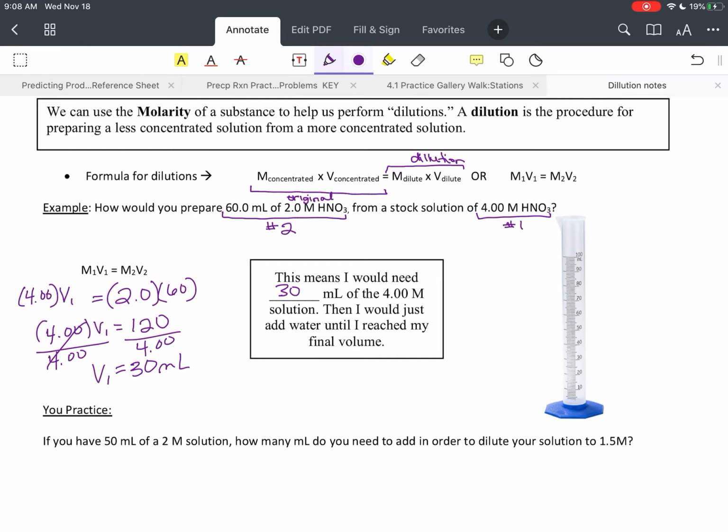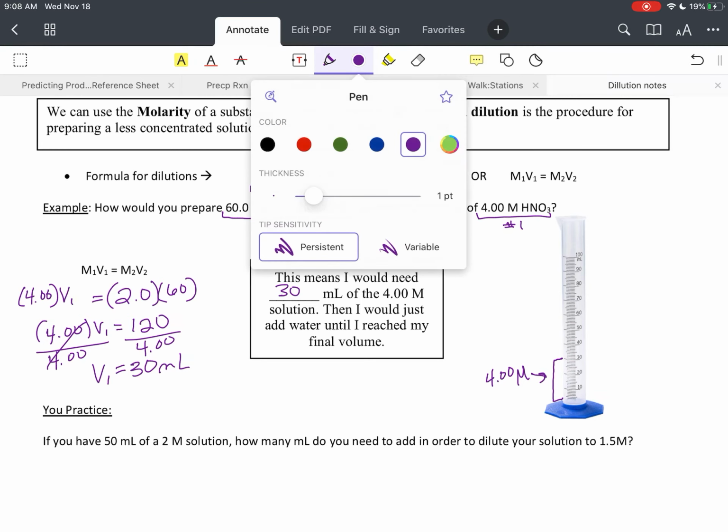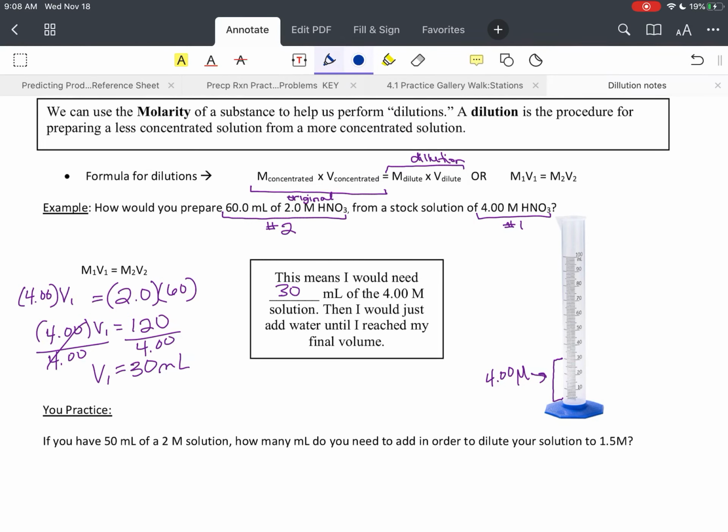So in my graduated cylinder, up until about 30, I'm going to put my 4 molar solution. Then in order to dilute it, it tells me that I want 60 milliliters, so the remaining amount is just going to be water.